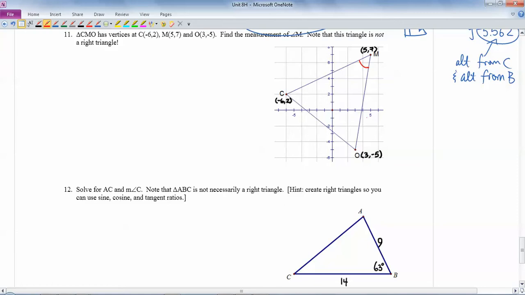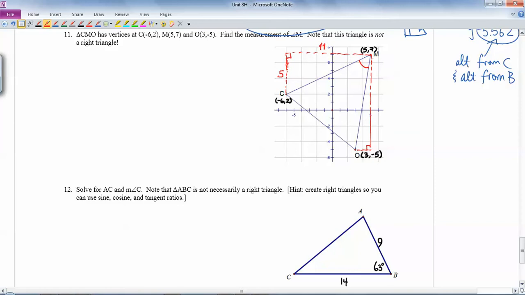But we create right triangles all the time on graphs by making some slope triangles. So if I build slope triangles around M, I've got this one right here, and I've got this one right here. And if you figured out what these lengths are, when I go up, it goes from 2 to 7, so that's 5 up, and across it goes from -6 to +5, so that's 11 across.